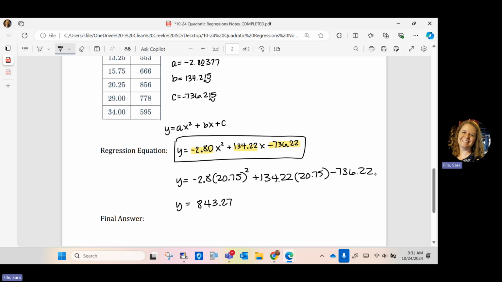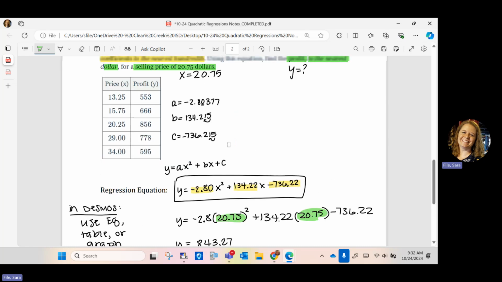So use the equation, table, or the graph in Desmos. You can type it in the equation like this, but that's not what we did. We typed it in the table. Or you could have used the graph as well. You could type in x equals 20.75 and go find the point of intersection, and it would come out the same.